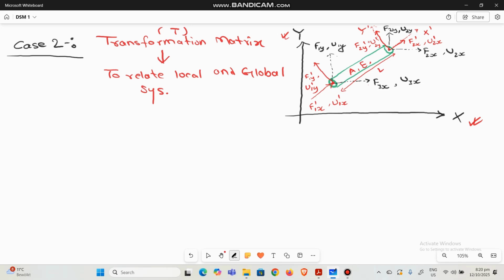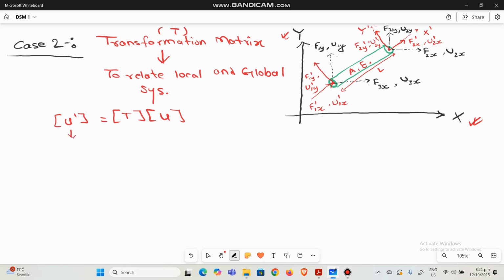So for example, to relate the local displacement matrix U dash to the global displacement matrix, you would have to use this transformation matrix to convert the global coordinate system into local.